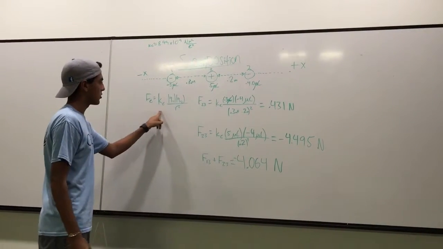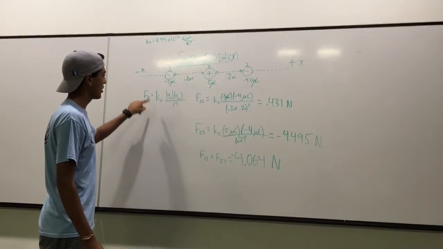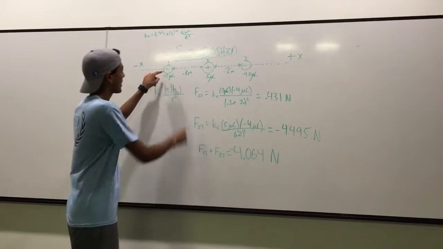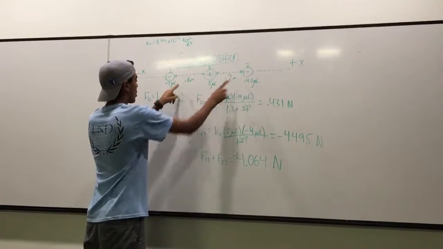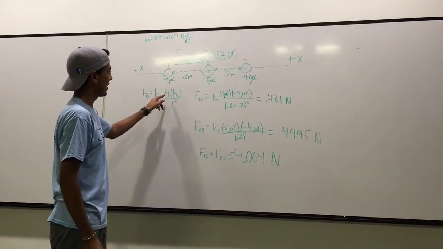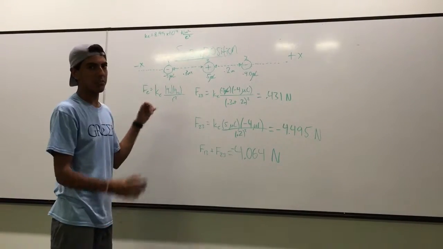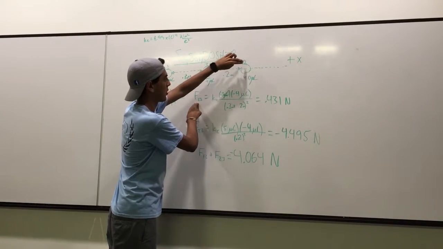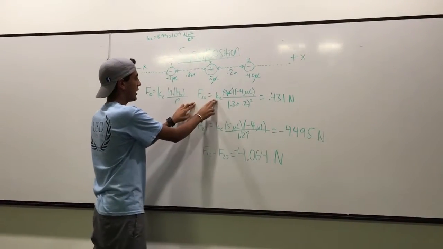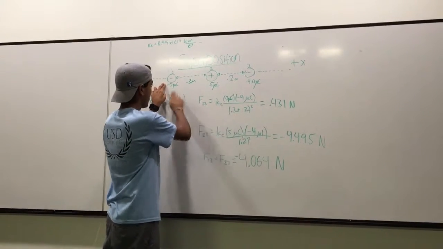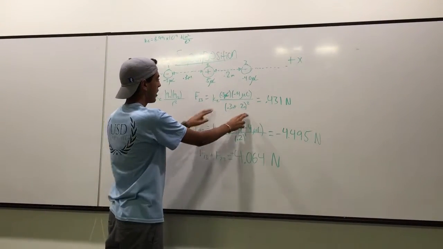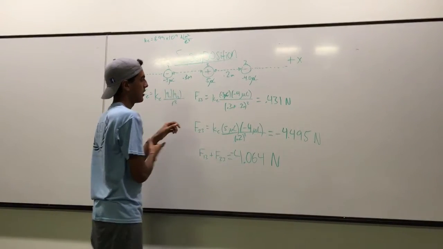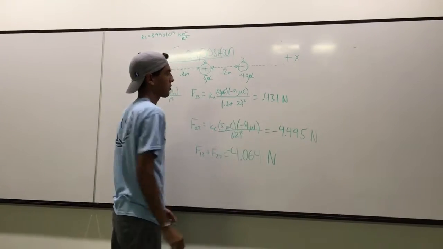To set it up, you want to use Coulomb's law, and then you take the distance between the charges you're working on, find the charges, and plug them in respectively. So the force of particle 1 on particle 3, where we're looking at particle 3, is Ke, the charges, negative 3 microcoulombs, negative 4 microcoulombs, and then the distance is both of these added together because it's that far away, and we end up with 0.431 newtons.